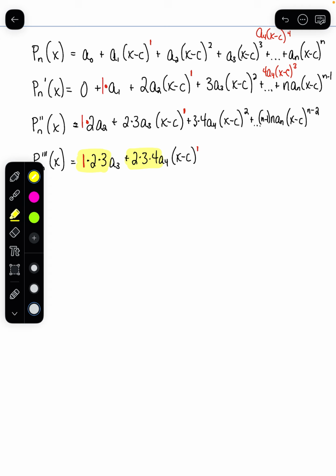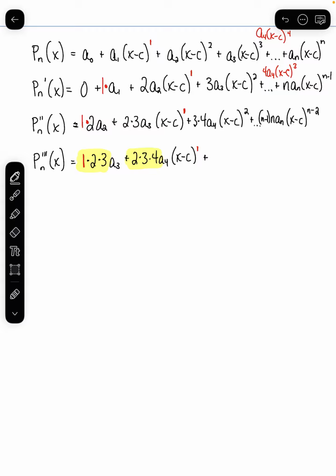And what ends up happening here is that by the time we get to the nth derivative, we're going to have exactly what is necessary for a factorial. N times n minus 1 times n minus 2 times n minus 3, counting all the way down to 1.